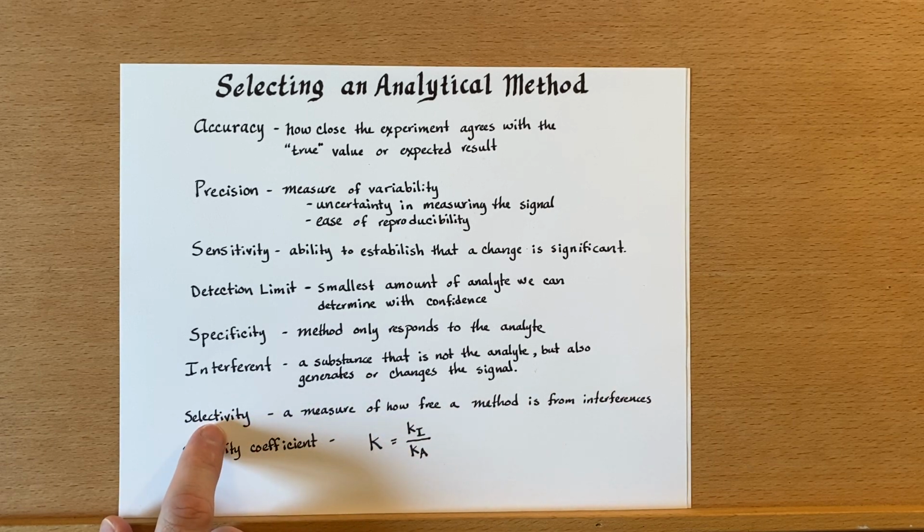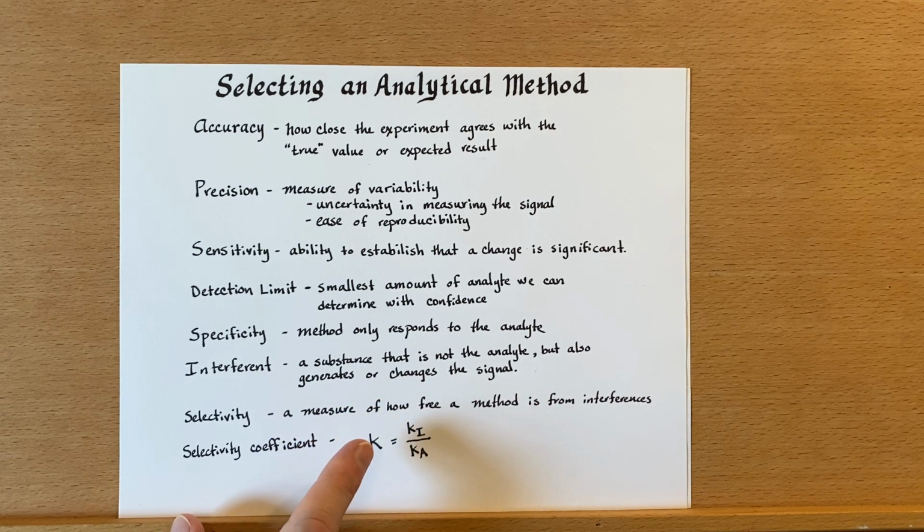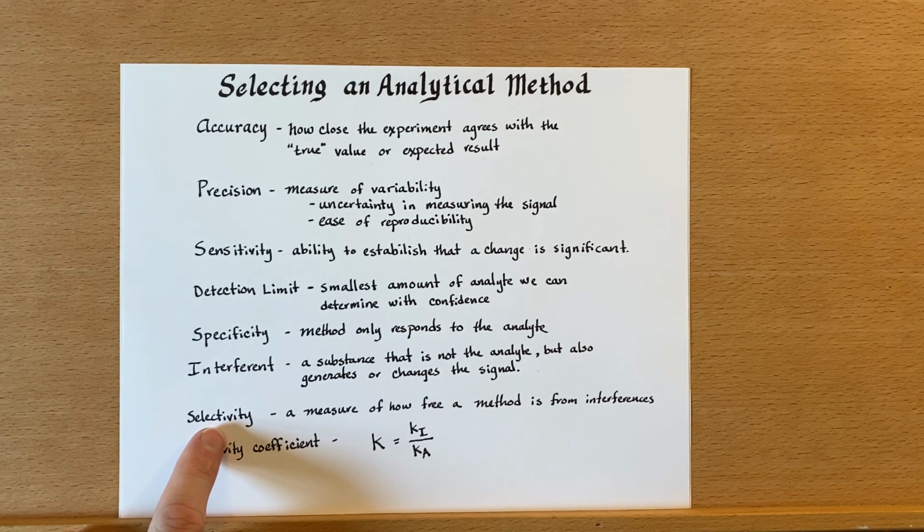Now, selectivity is a measure of how free a method is from interferences. So if we have a selective method, while it does react with other species, or it does absorb light from this interference, it does so much less than it does for our analyte.